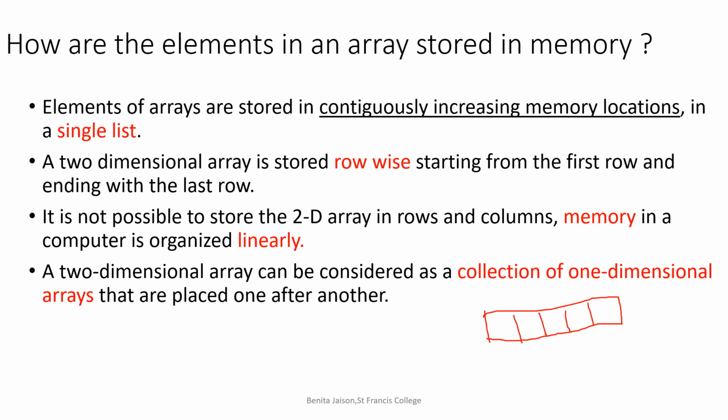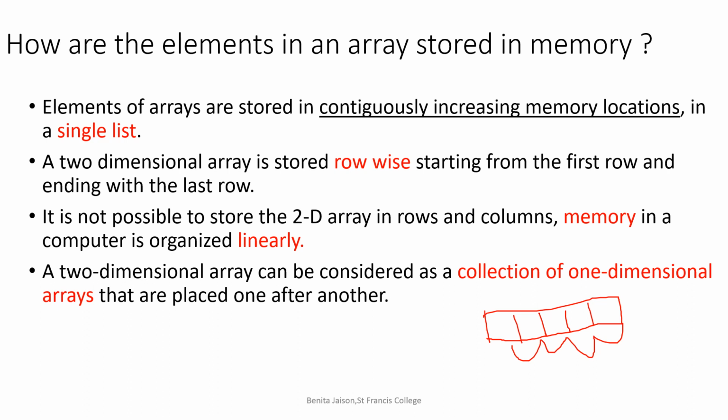Elements of the array are stored in contiguously increasing memory locations in a single list. Whether it is a 1-dimensional or 2-dimensional array, it will be kept in memory in contiguously increasing memory locations, or we can say adjacent memory locations, in the form of a single list.